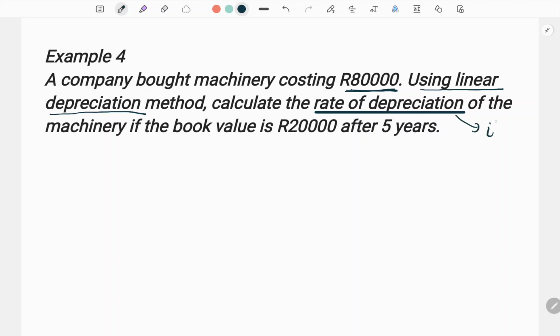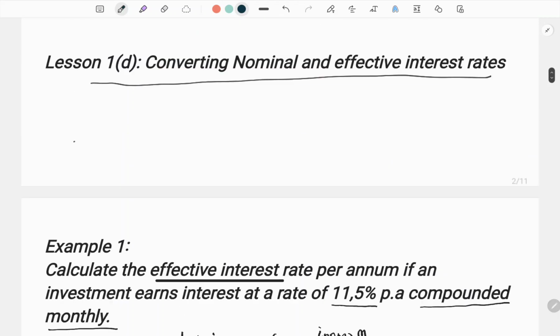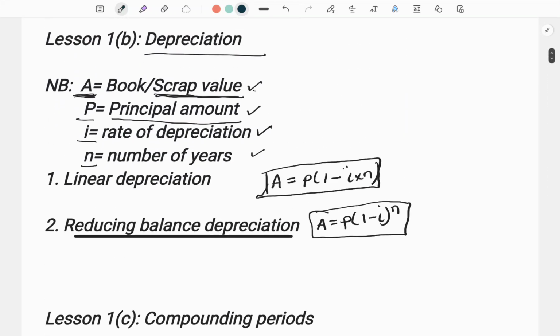They want the I. Now, the book value, remember it's A, that will be your P. Remember I said P is always bigger than the A. And then this is your N. Linear, remember it's A is equal to P 1 minus I exponent of N. Remember when I first taught you that linear depreciation.